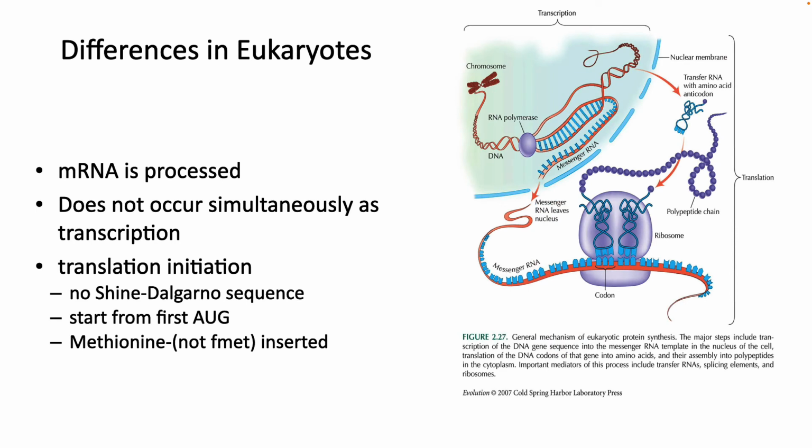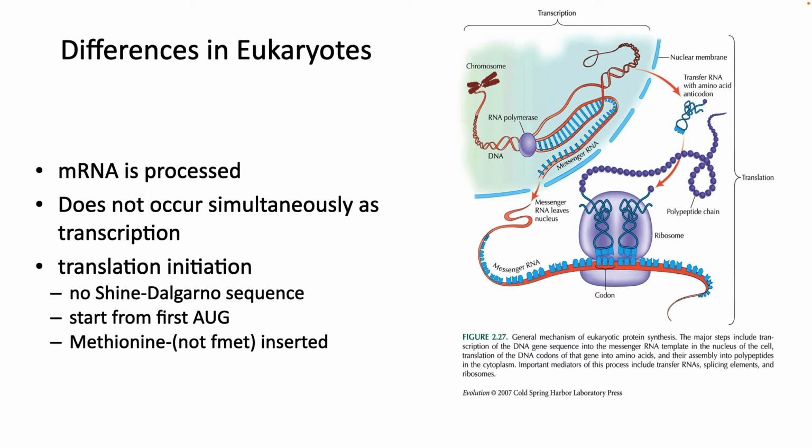Okay, now let's look at some differences in translation between eukaryotes and prokaryotes. As we hinted at earlier, the process is different for eukaryotes. First, the mRNA has a 5' cap and a poly A tail added. These modifications stabilize the mRNA.